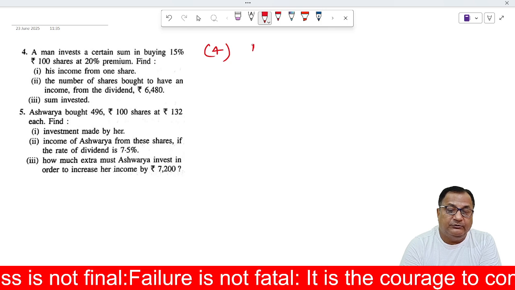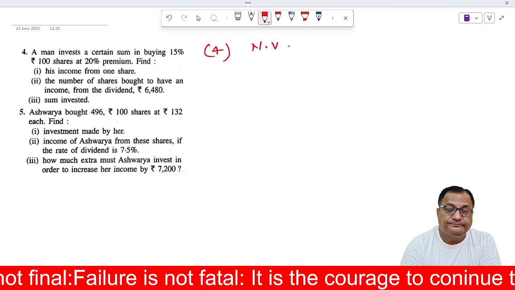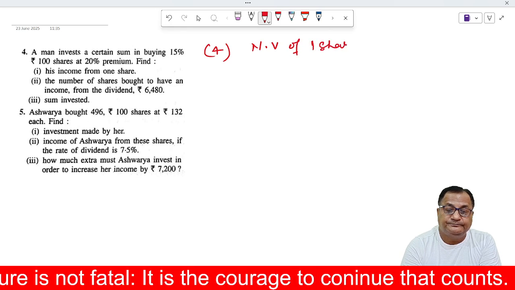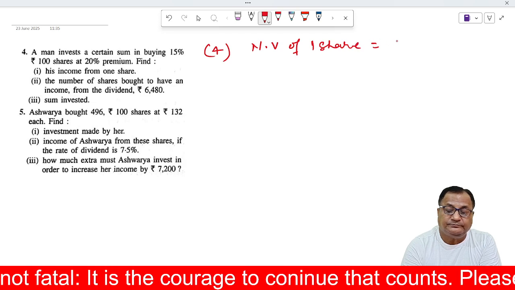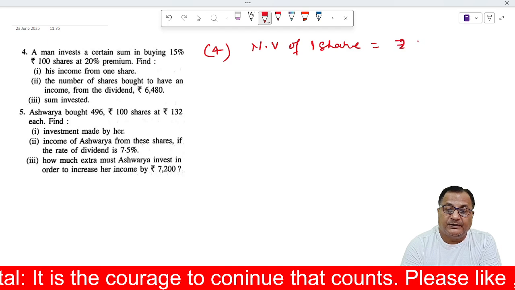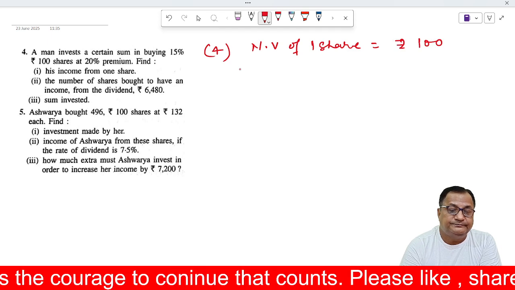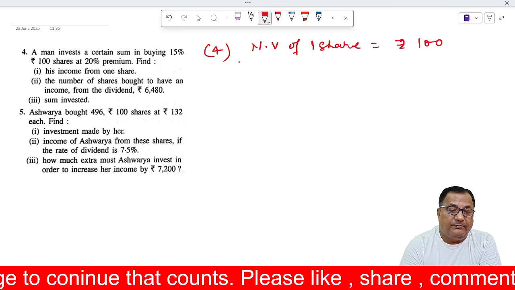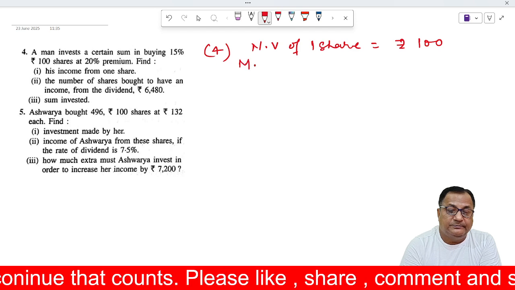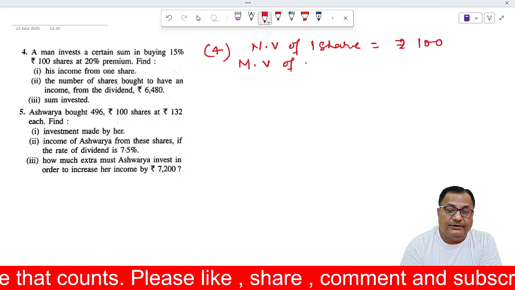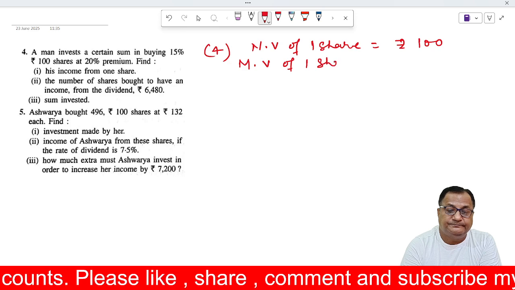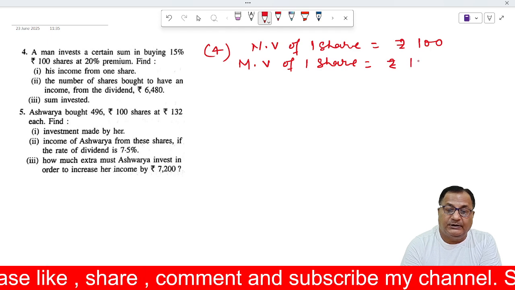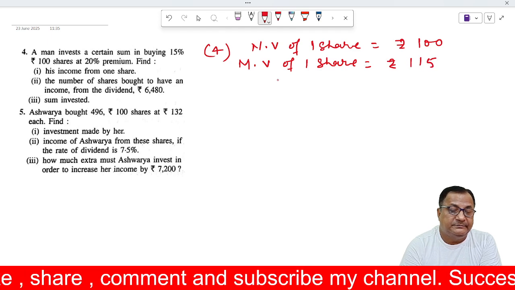Means nominal value of one share is rupees 100. Market value of one share is equal to rupees 115.